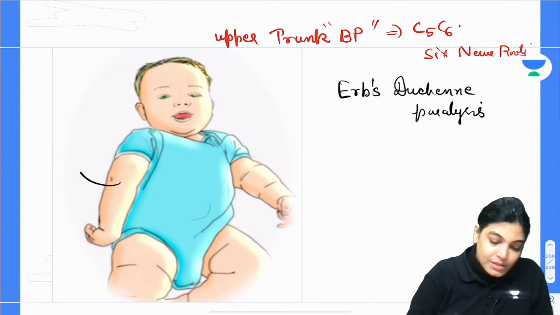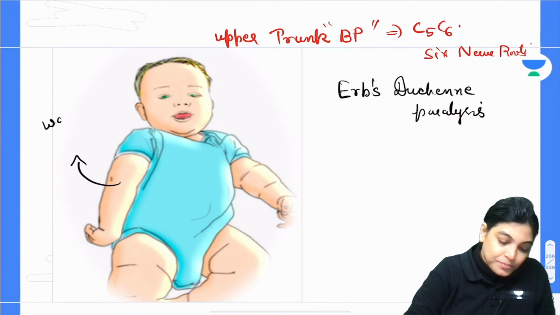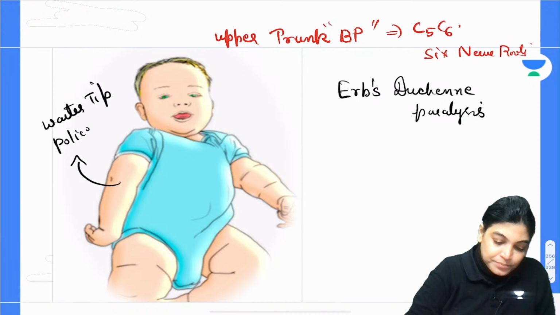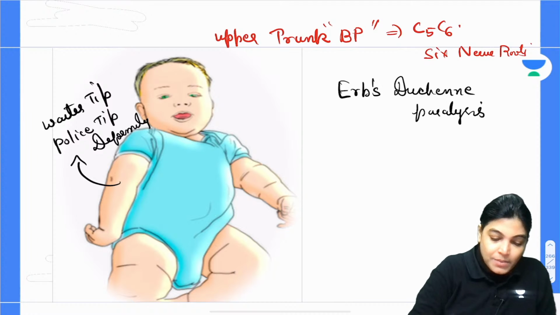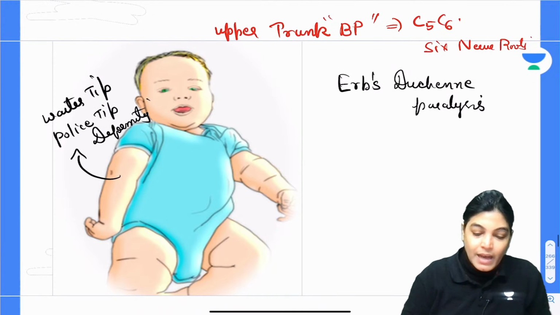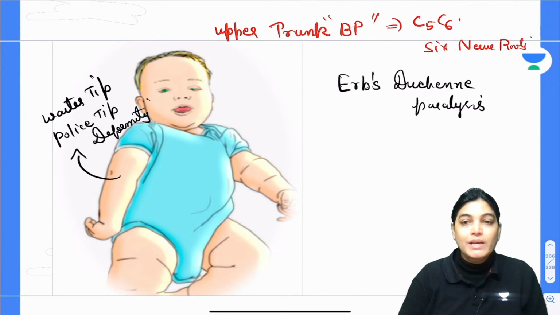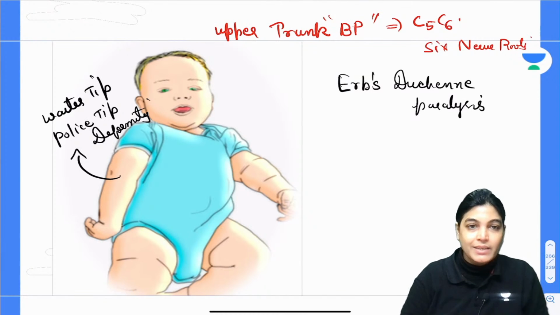So, can you see this presentation is waiter's tip or policeman's tip deformity. This is the presentation of the deformity, and it may be congenital if there is injury during difficult vaginal deliveries.